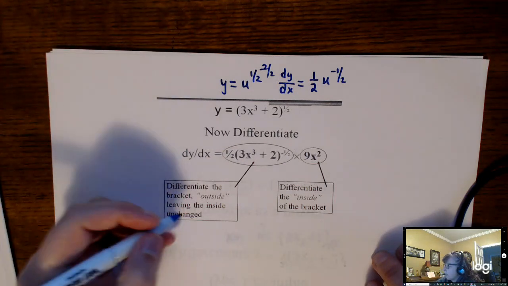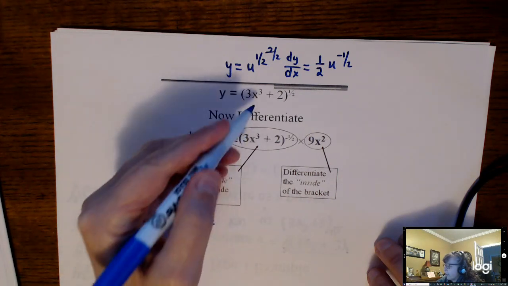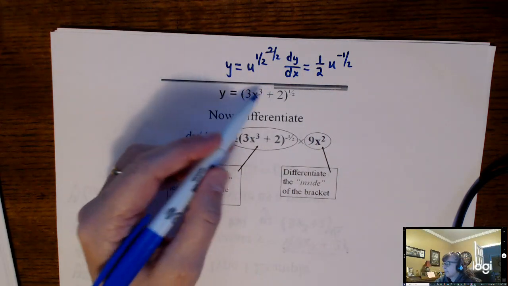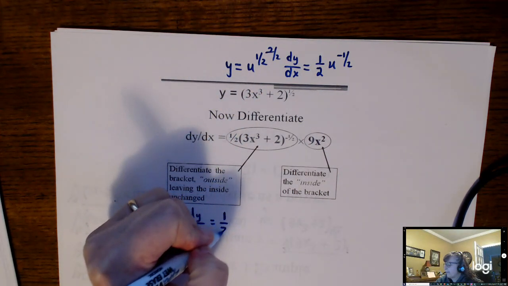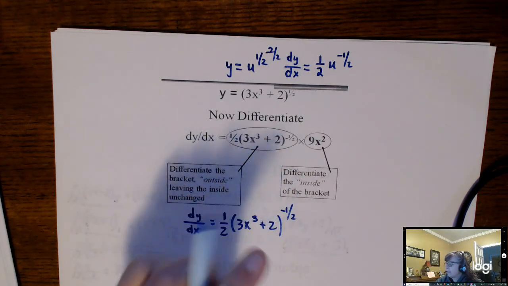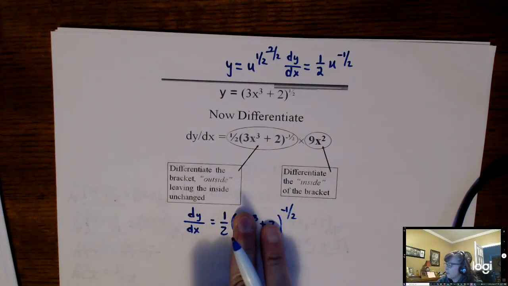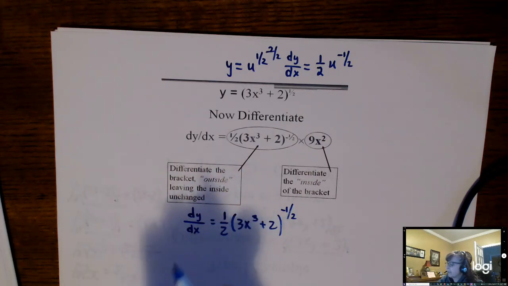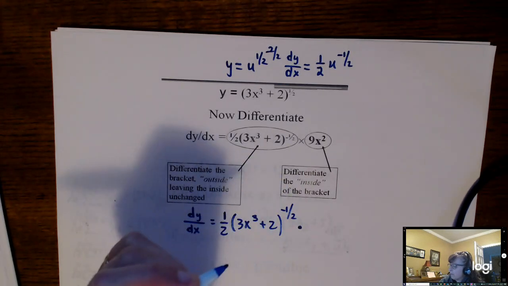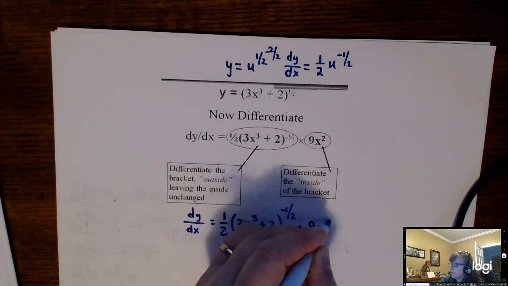So the first step is to take the derivative of the outside, which means you pretend that that's just one thing. That would be 1/2 times the one thing to the negative 1/2, leaving the inside alone. Don't do anything to it because it's just u. That's 1/2 that thing unchanged to the negative 1/2. That's part of the chain rule. The second part is you multiply by the derivative of the inside, which is 9x squared.